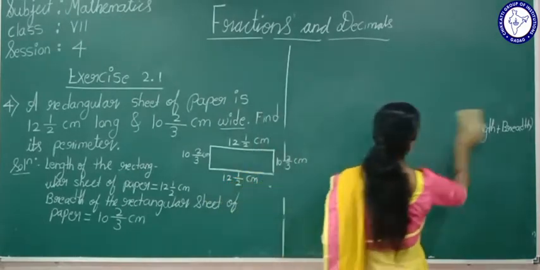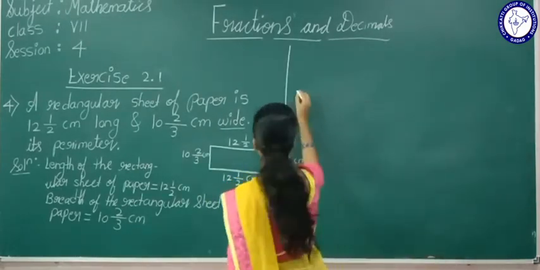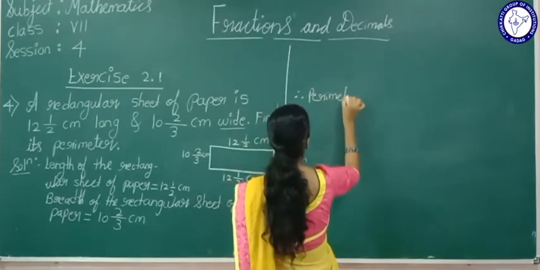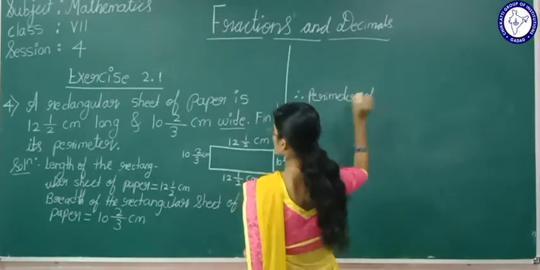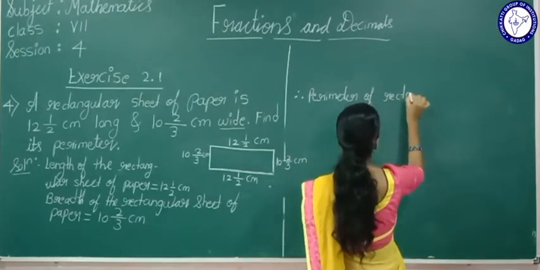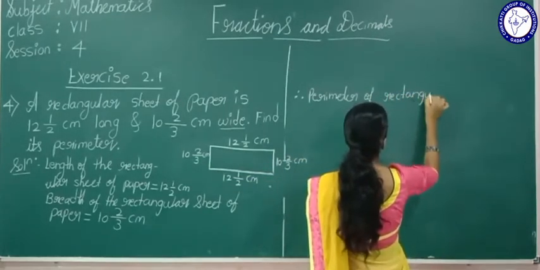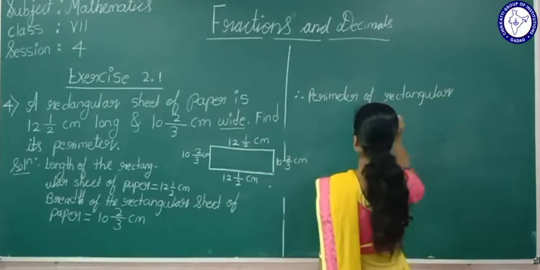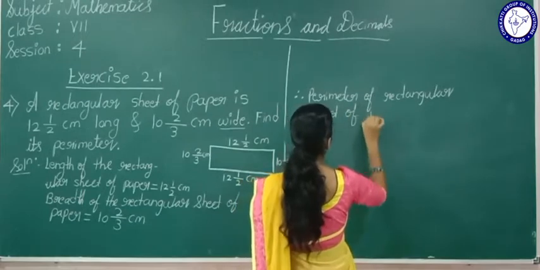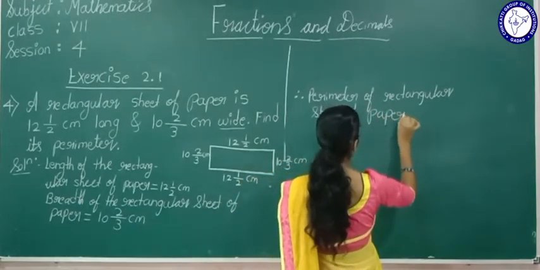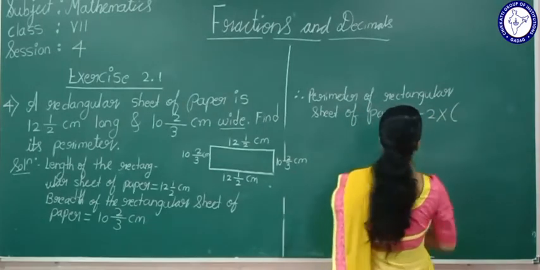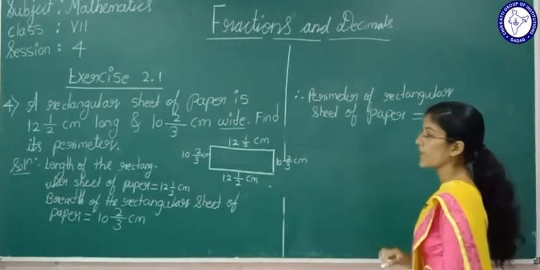See what we have to find out here? Therefore, the perimeter of the rectangular sheet of paper is equal to, use the formula, 2 into length plus breadth.